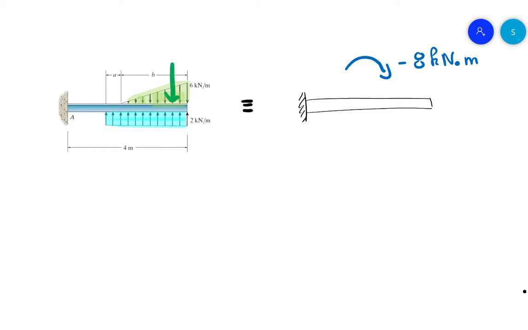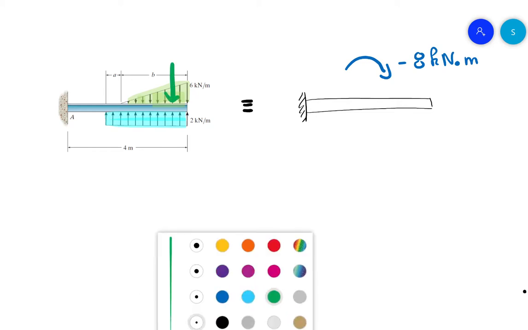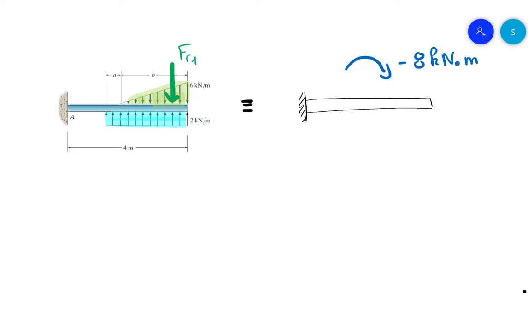So let's speak about FR1. I would call this one FR1. How much is FR1? I would use Y axis, so just negative and the plus counterclockwise. Okay, so FR1 is the maximum force times the length of the triangle, that is B, divided by 2. So this is equal to 3 times B.